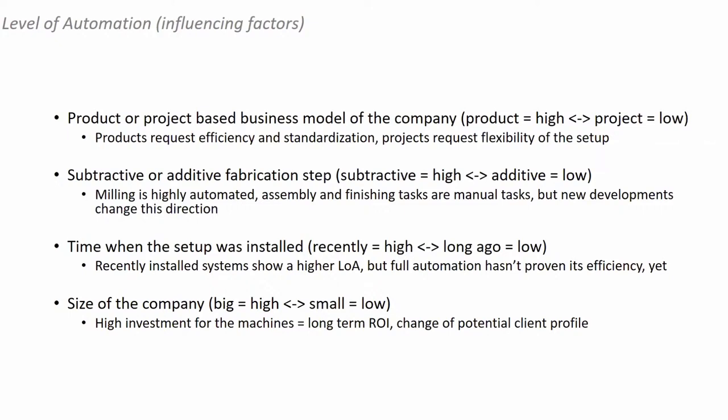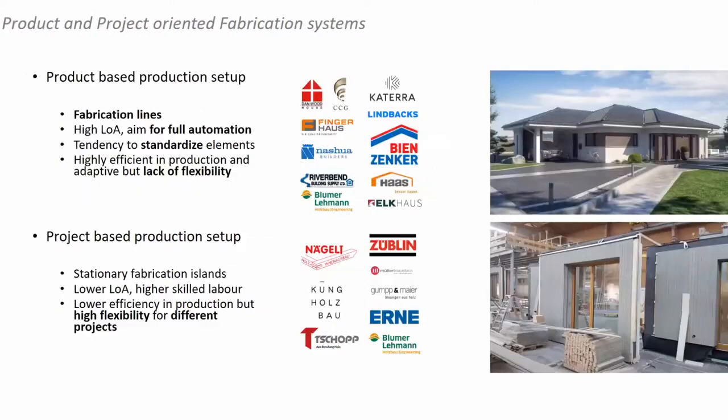Since timber structure companies are usually small, especially compared to what we see in the car industry, the investment for a new machine setup is quite huge for any company that's trying to automate processes. And the bigger the company, the easier it is for them to take the step to a new automation process.